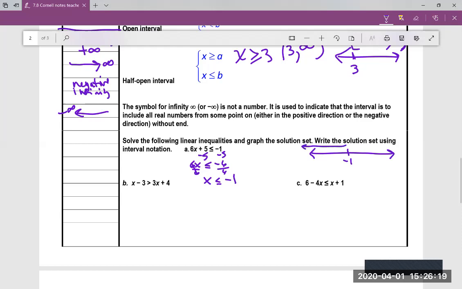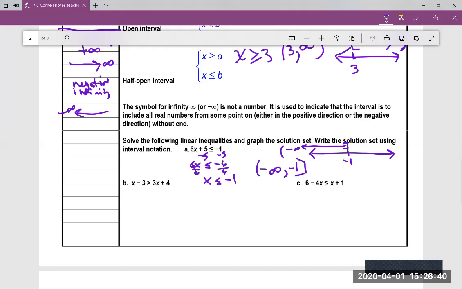So it's going to point this way. Notice the arrowhead here and here are the same. Now, can it be equal to -1? Yes, so that's going to be a bracket. This is always going to be negative infinity going this way. So my interval notation is negative infinity, comma, -1.